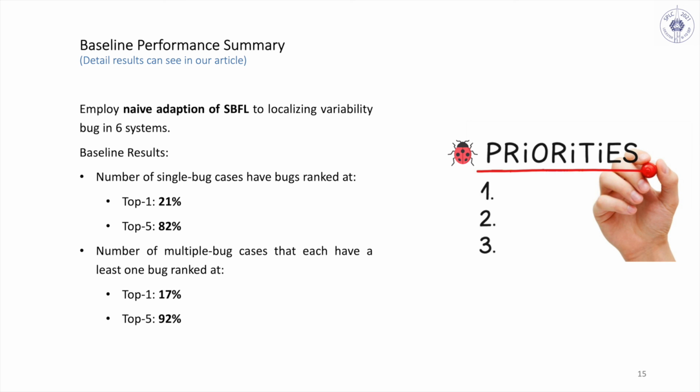With the multiple bug cases, about 17% and 92% of the cases have at least one bug ranked at top 1 and top 5 positions respectively. On average, using the PBL metric, only 7% of the bugs can be found after examining the first statement.